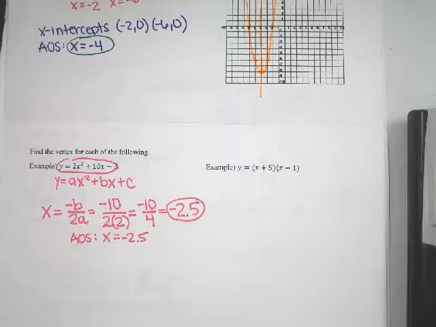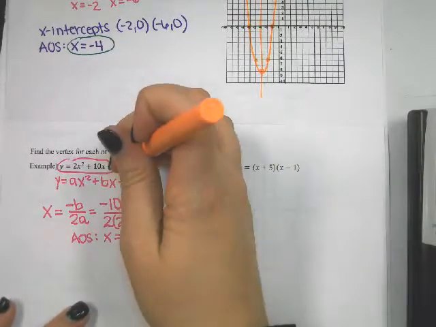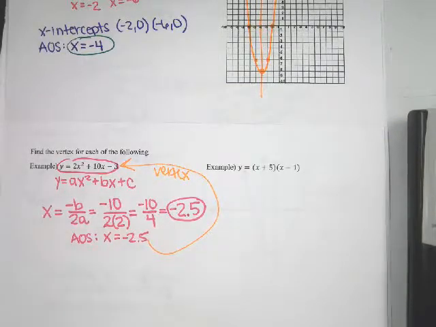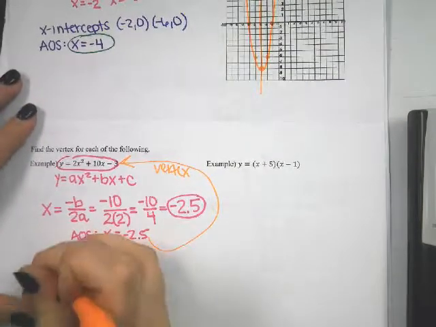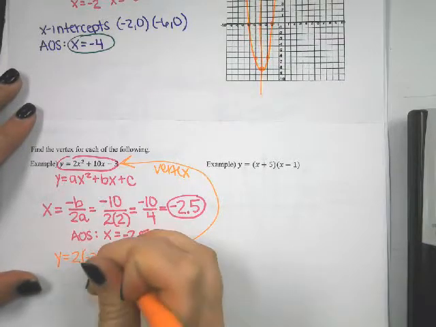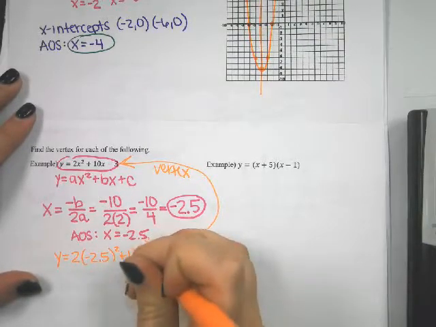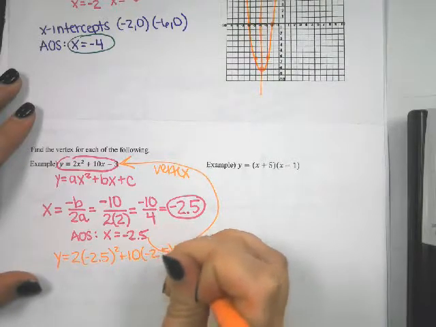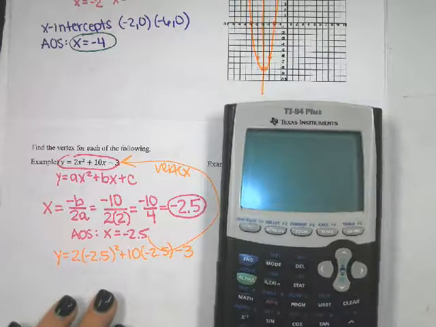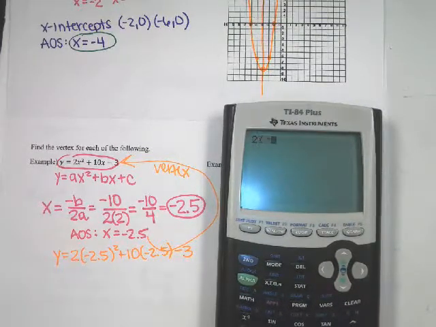In order to find the vertex, we take that value, plug it back in, and that gives us the y value of our vertex. So if I take y equals 2 times negative 2.5 squared plus 10 times negative 2.5 minus 3, I should be able to type that in and get my vertex.